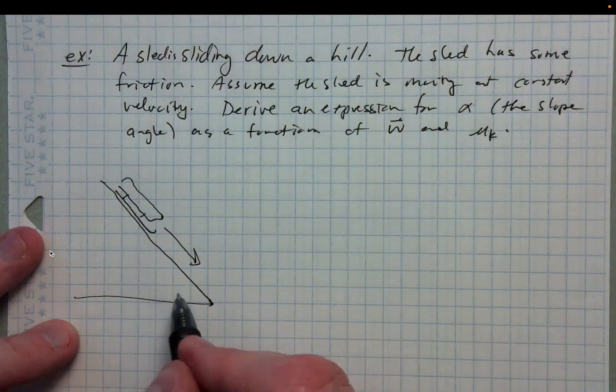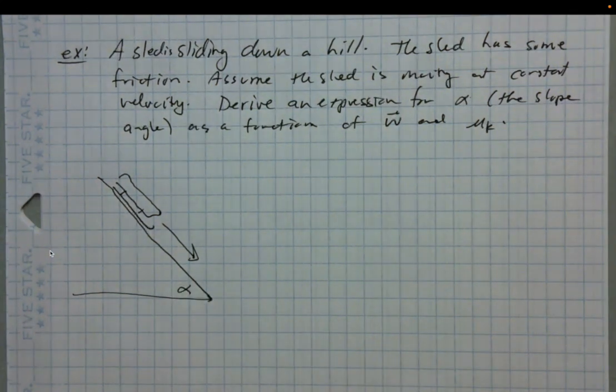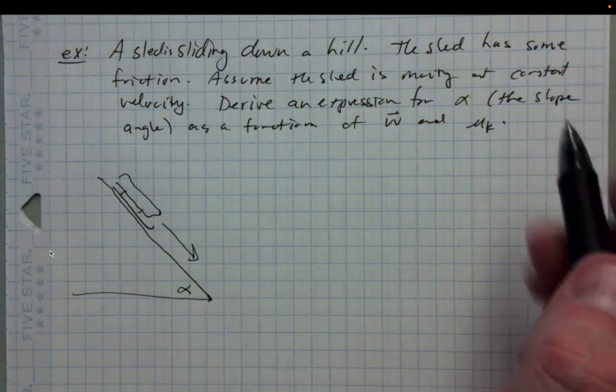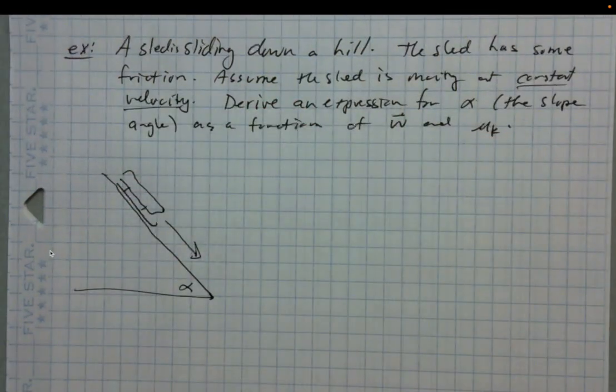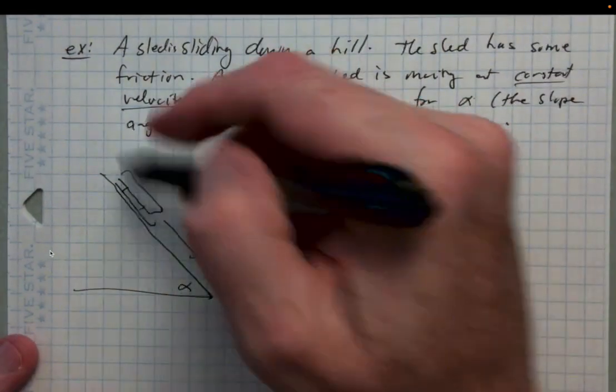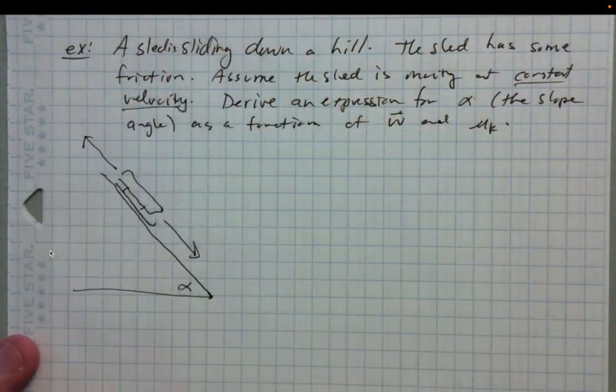In the previous example, we had some value for the slope. Just imagine the slope is very, very long, so we've got a certain amount of time where we can keep an eye on this. But in this case, the sled is sliding down the slope, and we're interested in constant velocity. So there's some force pulling it down, namely gravity, and then some friction force on the other end.